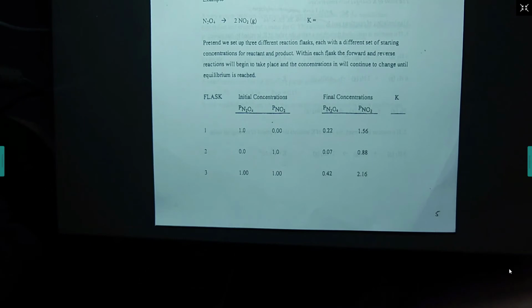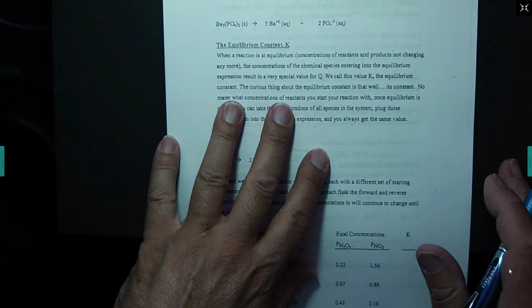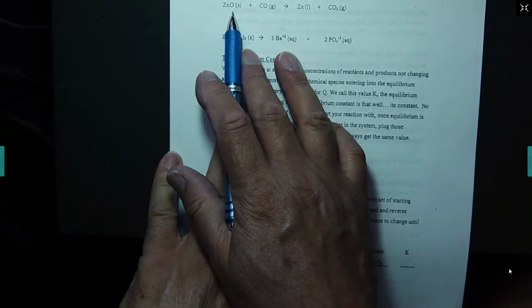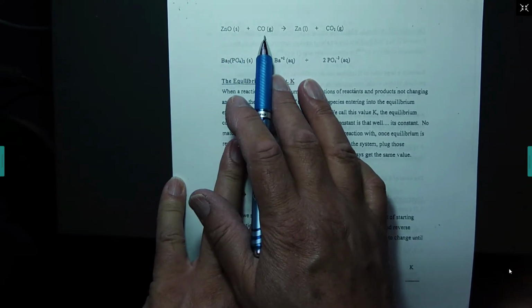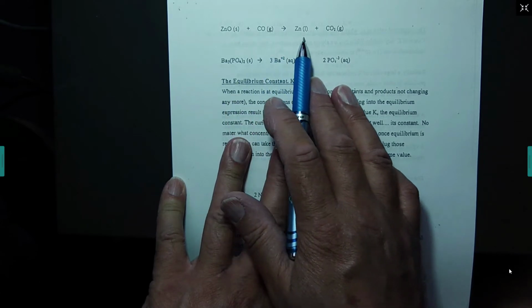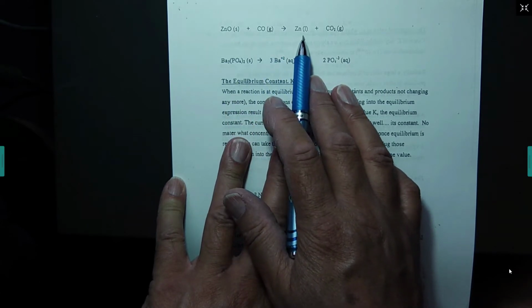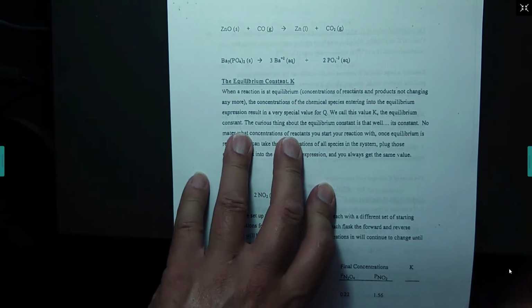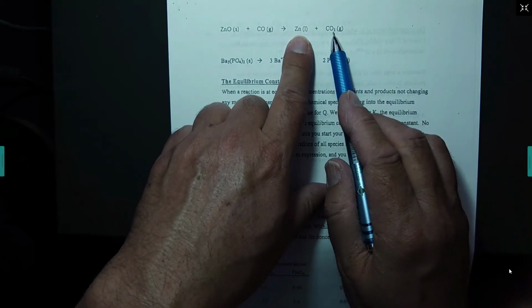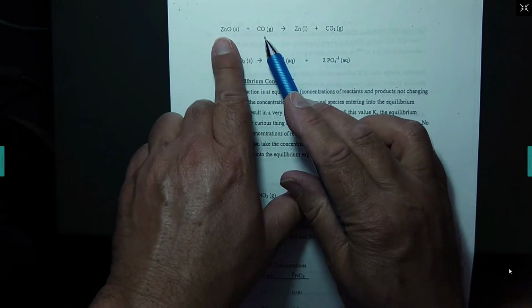Now, if you look at the next couple of examples, you have solid zinc oxide reacting with gaseous carbon monoxide producing liquid zinc and carbon dioxide gas. It's the products over the reactants.